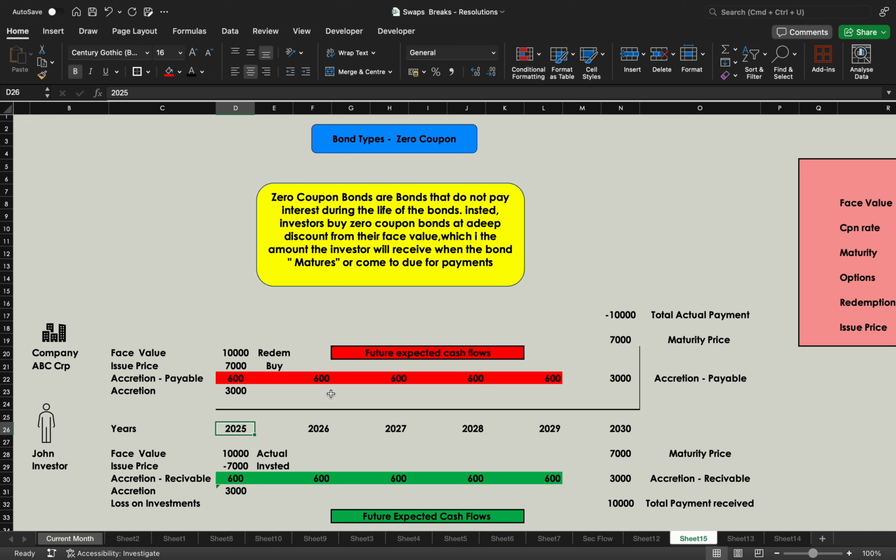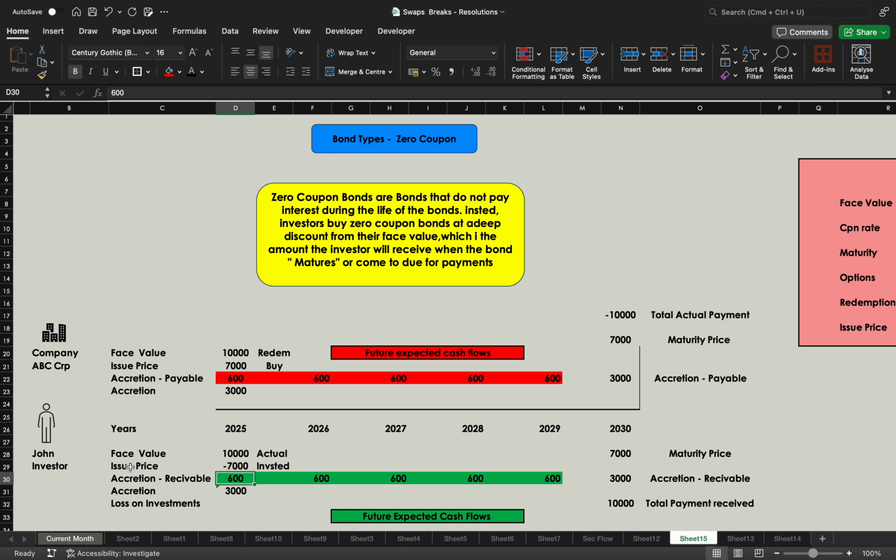The company will redeem the bonds at 10,000, and from the investor side, the investor invested only 7,000 but will receive 10,000 from the company. So the investor will treat that accretion as a payable part. Payable, it means of course it's a gain for investors.